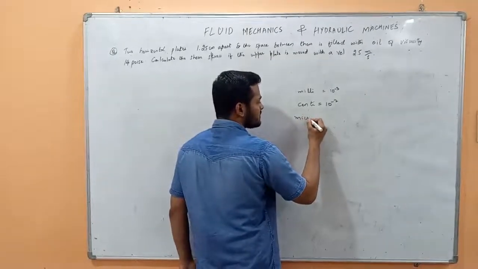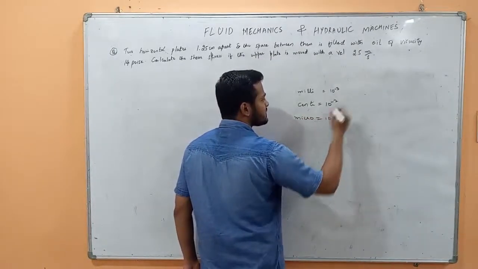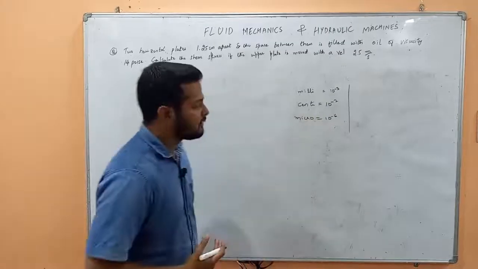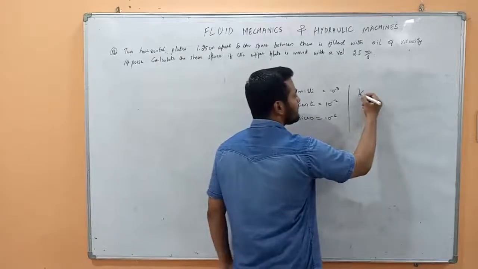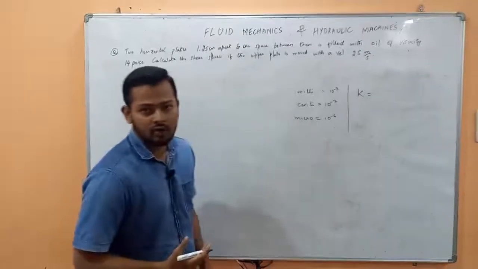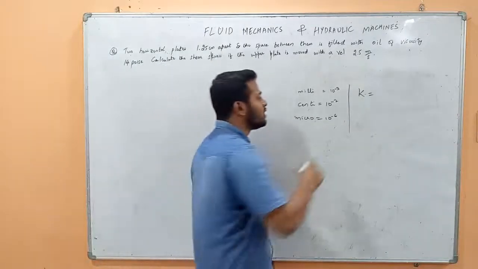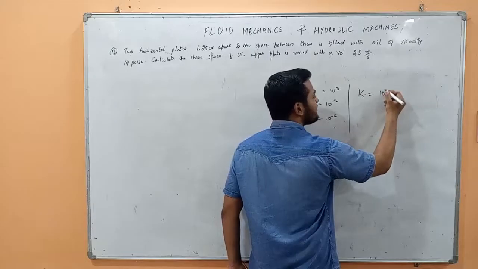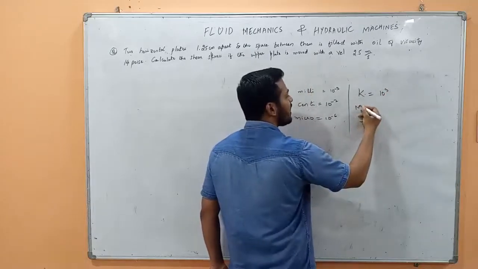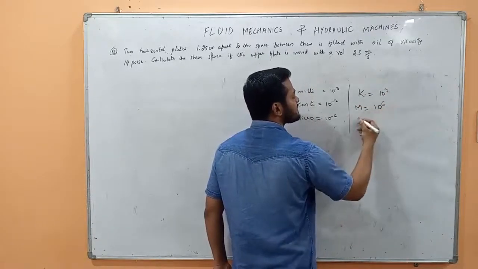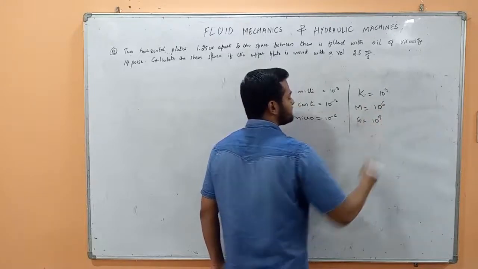Micro means 10 power minus 6. Apart from this, we have bigger values such as kilo, like kilogram, kilonewton. So kilo means 1000, which means 10 power 3. Next, mega means 10 power 6, giga means 10 power 9.